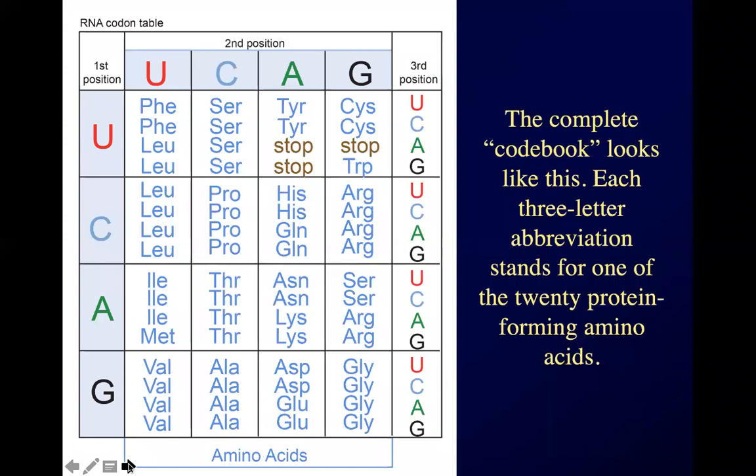And the complete code book looks like this. So for example, first position's on the left, second at the top, third at the right. So this right here stands for UUU, which is the amino acid phenylalanine. UUA right here, UUA would be the amino acid leucine.